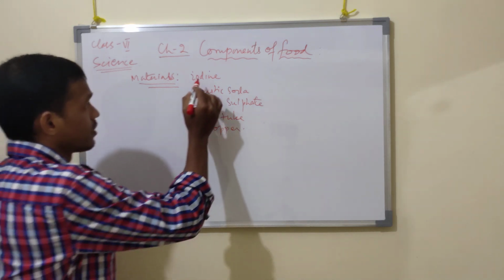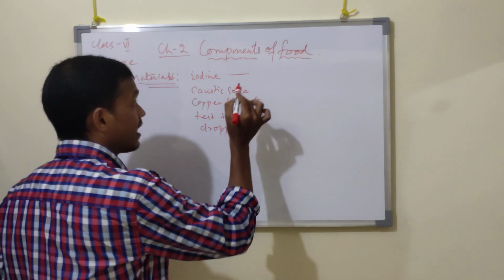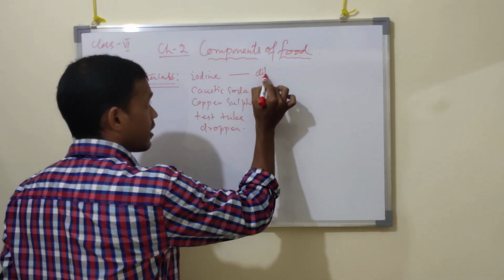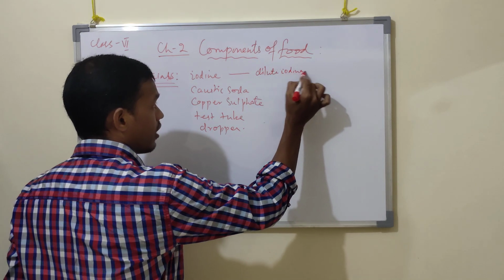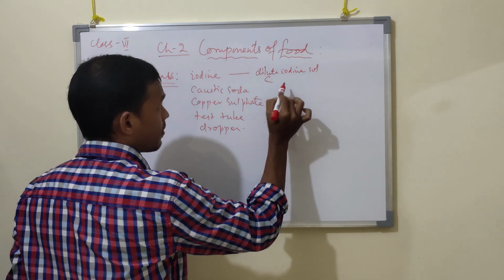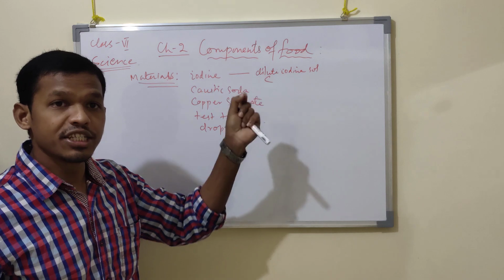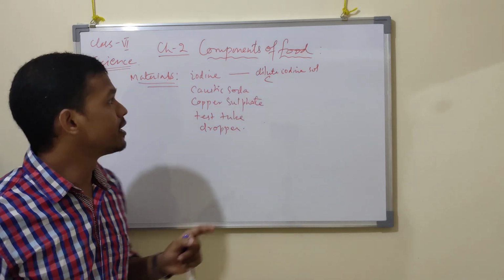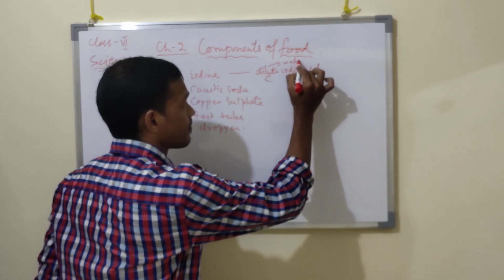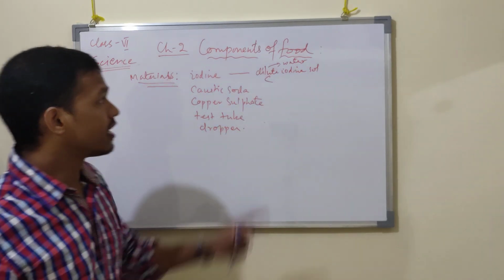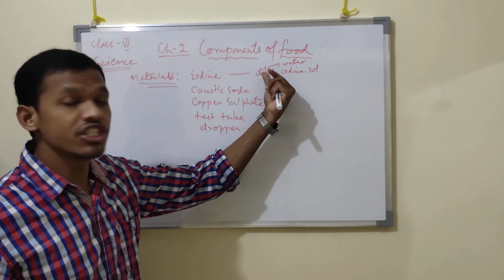How do we make the iodine solution? You have to make a dilute iodine solution. Dilute means the presence of water; this iodine contains some dissolved water.